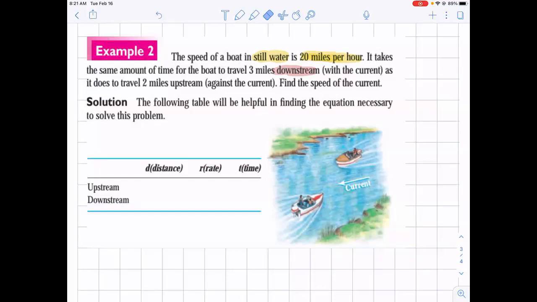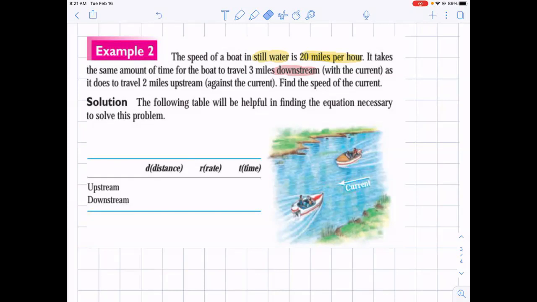And you will travel less of a distance. So they said, find the speed of the current. Now, you will read this a few times. Please make sure you read this a few times.